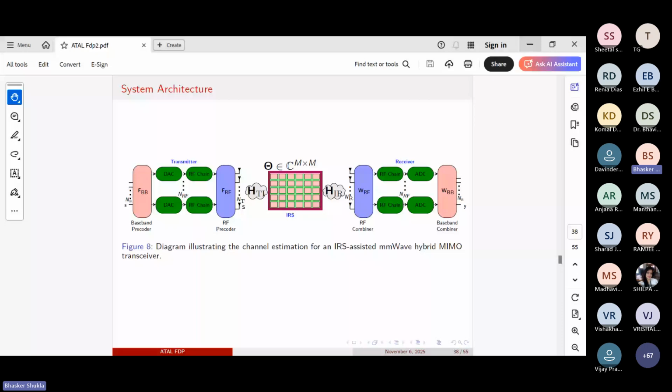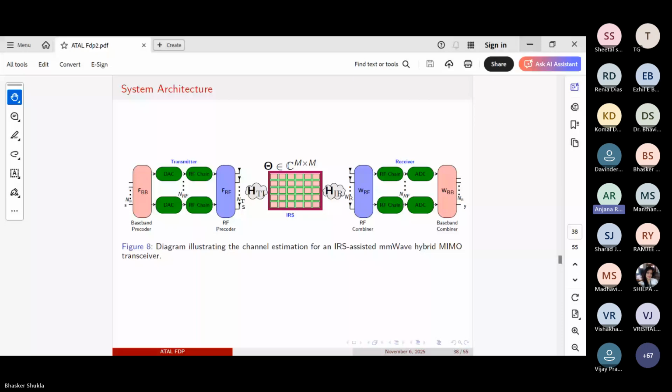But with only an analog precoder, we can achieve only beamforming gain, but not multiplexing gain. That is the main constraint on using only an RF precoder in the higher frequency range.